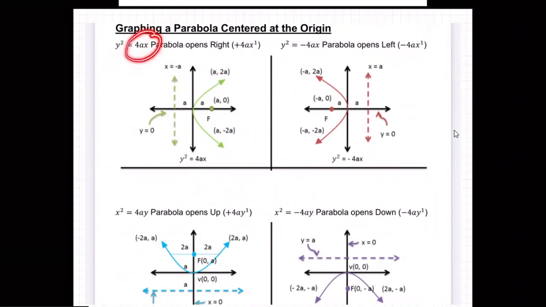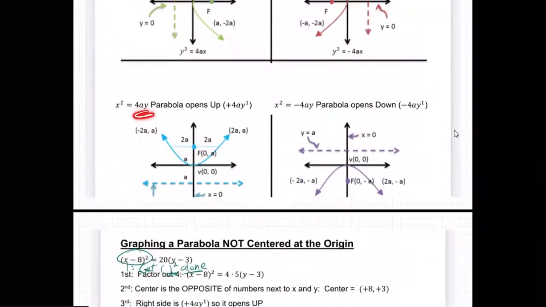So the first power letter is the most important side. That tells you the direction. Positive x is to the right. If the first power letter is -x, that's to the left. The branches go left. If the first power letter is positive y, the branches go up. And if the first power letter is -y, the branches go down.